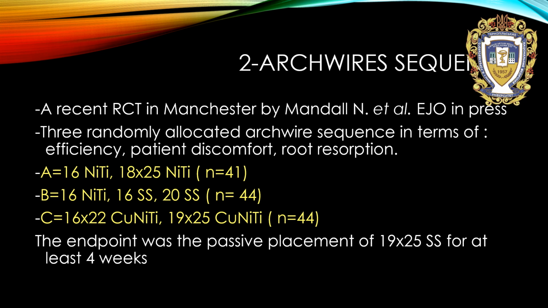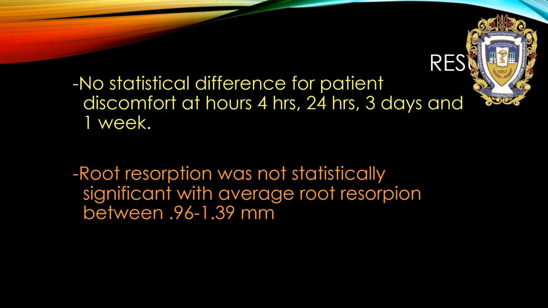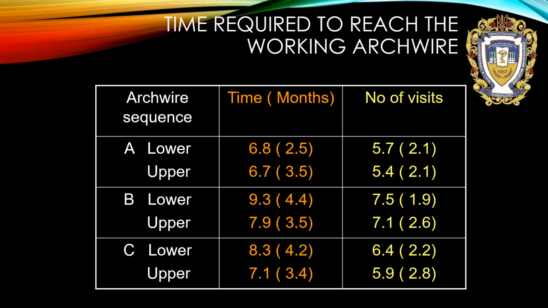The endpoint was the passive placement of 19x25 stainless steel for at least 4 weeks. Results of this trial: no statistical difference for patient discomfort at hours 4, 24, 3 days and 1 week. Root resorption was not statistically significant, with average root resorption between 0.96 and 1.39 millimeters.